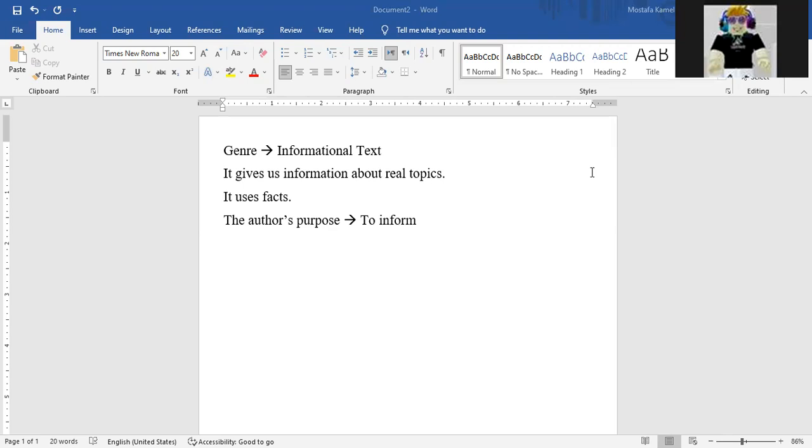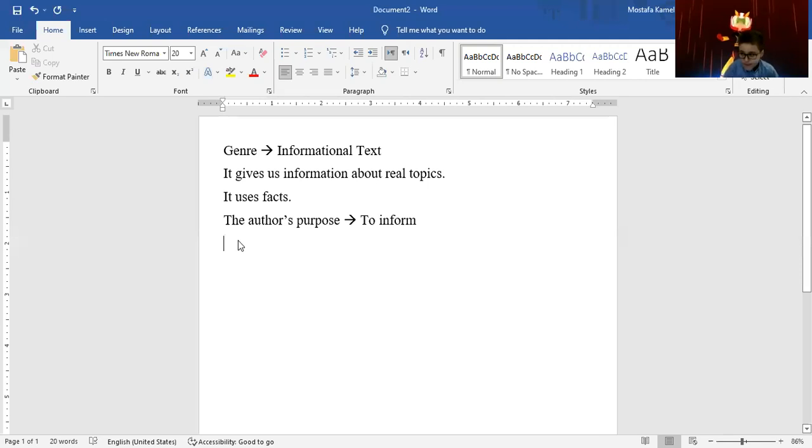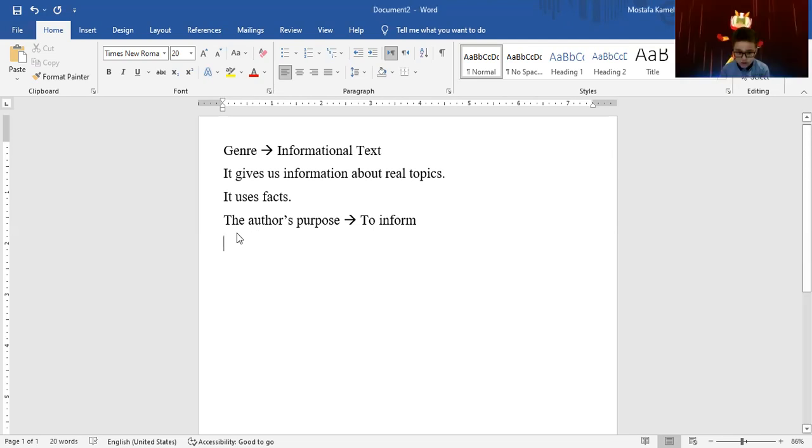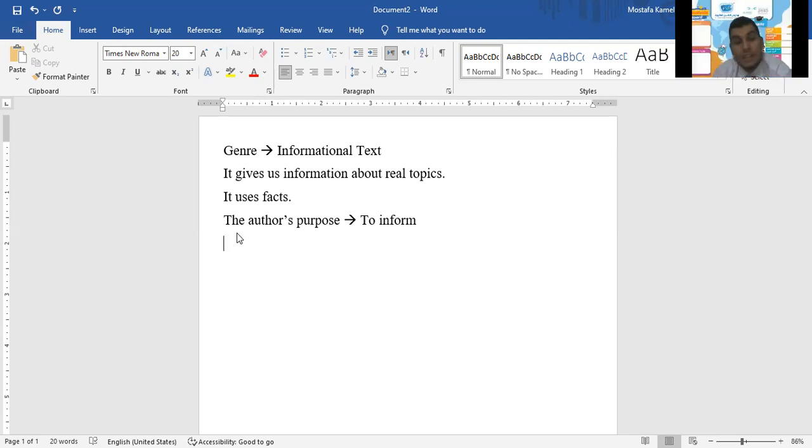Yusuf Yusri, how many elements does the informational text have? Try to remember. Compare and contrast, maybe. Muhammad Walid, what do you think?